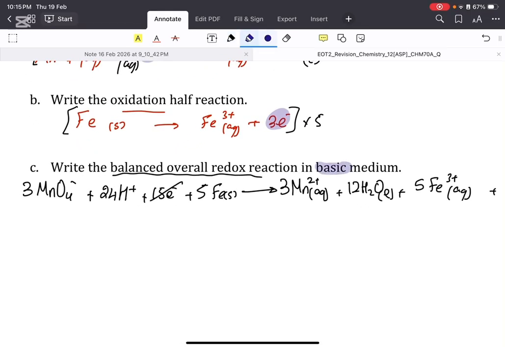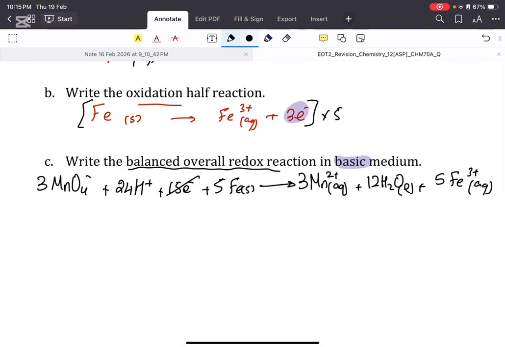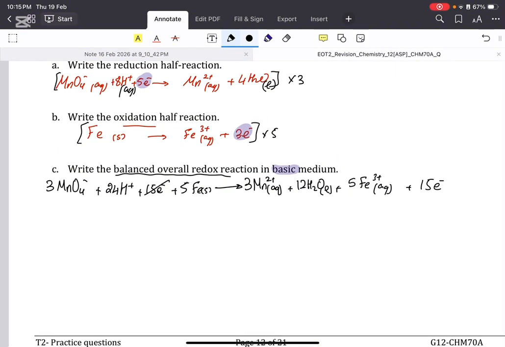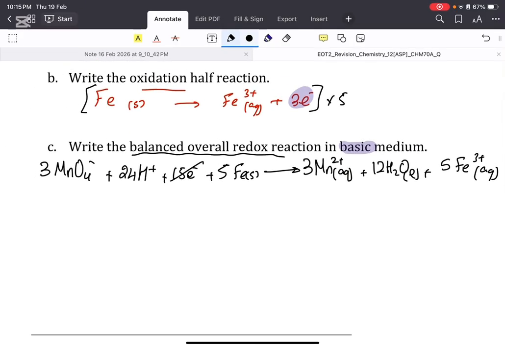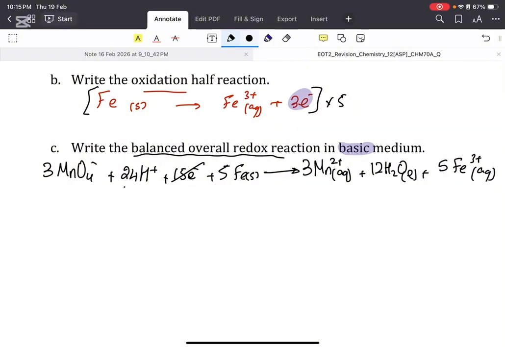Oh, this one is in basic. Now I have 24 H plus. So 15 and 15 cancelled out. Okay, there's nothing else to cancel. So I'm going to add 24 OH minus on both sides. And I'm going to write it again.